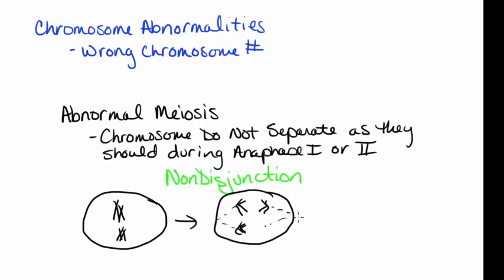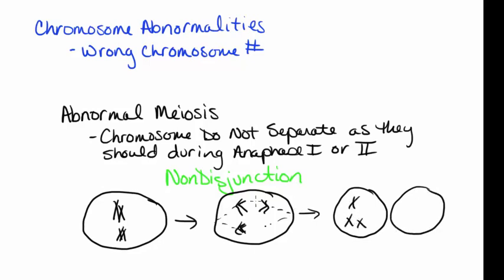So notice what this leads to is that after we get telophase 1, you end up with this cell over here, which gets 3 chromosomes in it, and then this one over here is just going to have 1. So already after the very first meiosis, we've got this difference in chromosome numbers.